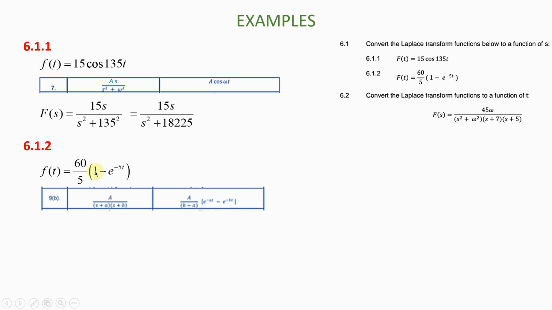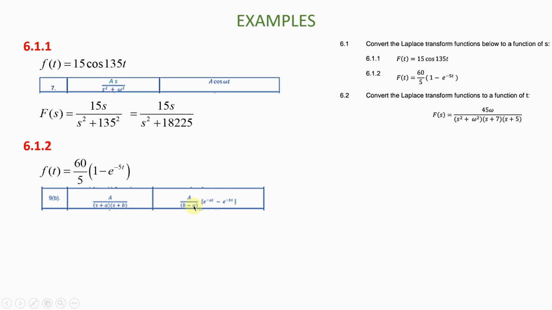Well, the reason you have 1 is because if you have e to the power of 0, that of course will give you 1. And so you can already tell therefore that the value for a is actually 0. Because if you do e to the power of minus 0t, it's e to the power of 0, and so that's 1. Okay, that's why you have 1. So the value for a in this case is actually 0.